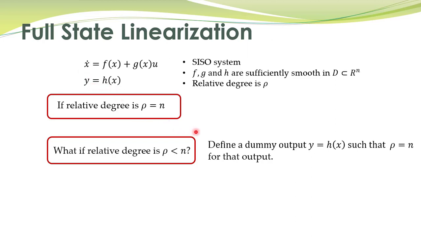So what we can do is that we can define a dummy output such that for this newly defined output, the relative degree will be equal to n. So if we can find such an h for which the relative degree is equal to n, then the rest of the procedure is simple. We can perform all those steps which we learned in the previous lecture to obtain full state linearization of a nonlinear system.